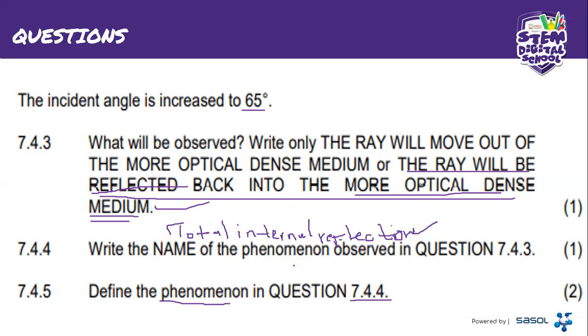Now, what does total internal reflection say? What is the definition? And I told you it will be there in your examination. It says, when the angle of incidence is greater than the critical angle, the ray of light reflects back into the original medium. And that is going to be 2 marks altogether.